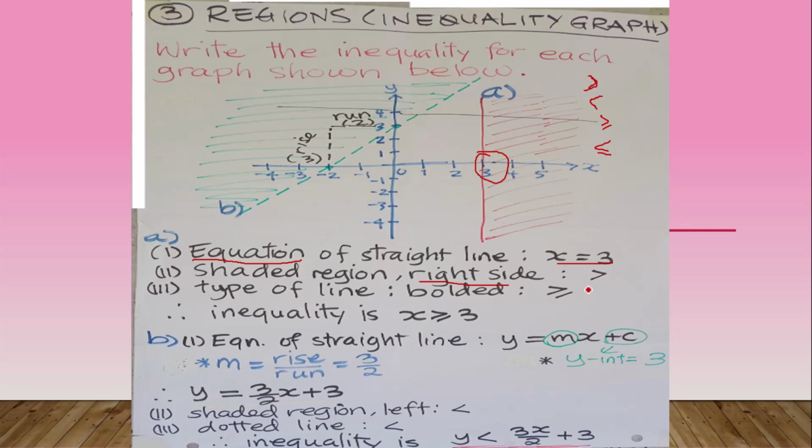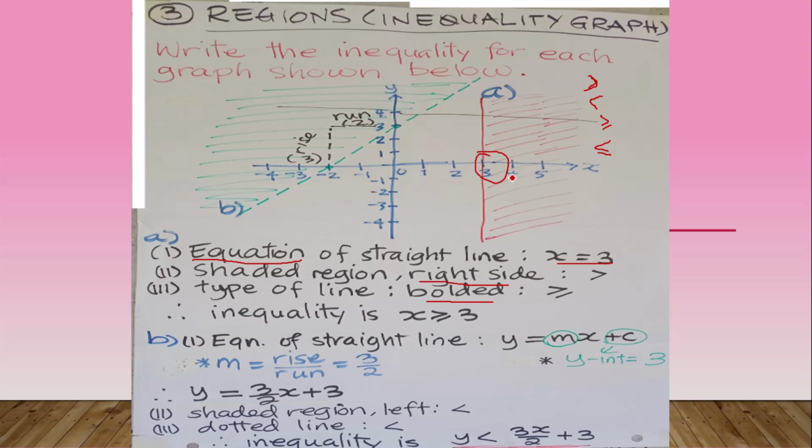Then we look at the type of line. We've got 2 types of line. We can have bolded lines like this, or we can have broken dotted lines like this. And if we have a bolded line, then that means all the points on the line are also part of the solutions. And so we have greater than or equal to.